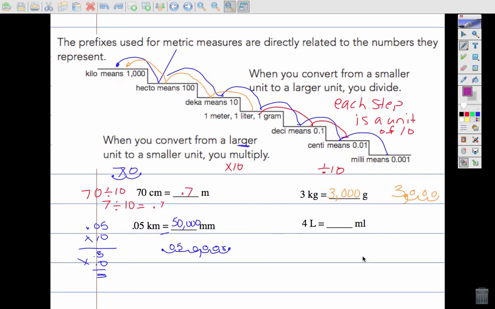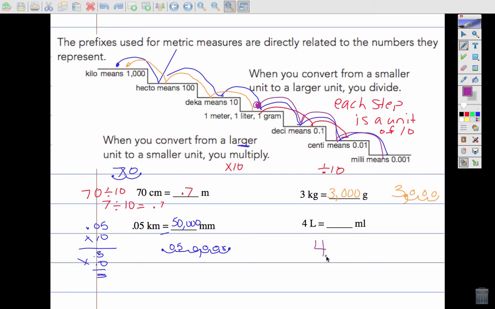And let's look at our very last conversion, which is in liters, which is capacity. So I have 4 liters, and that's where my normal unit is. And I'm going to go to milliliters, so I need to count my steps. So I'm going to go liters to deciliters, to centiliters, to milliliters.